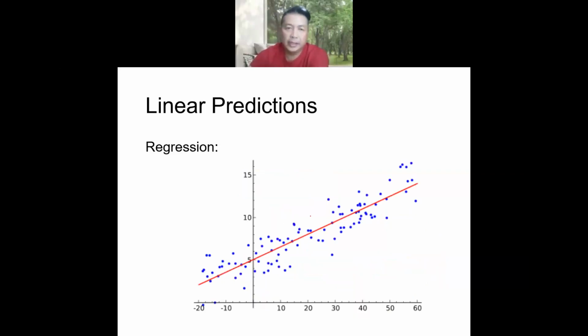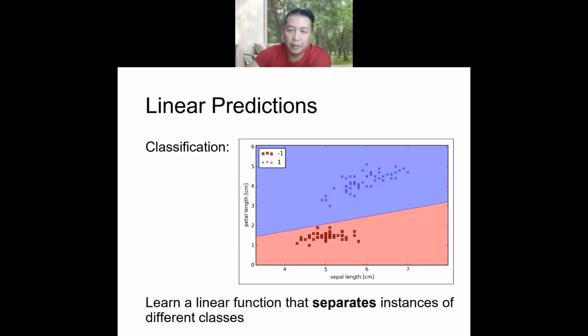If you look at the linear regression that we have studied before, this is a linear function that draws a line trying to reduce the differences between the actual values, which is the blue one, and the predicted values, which is the red one. So this is for regression.